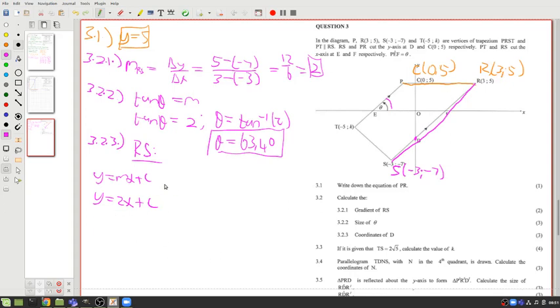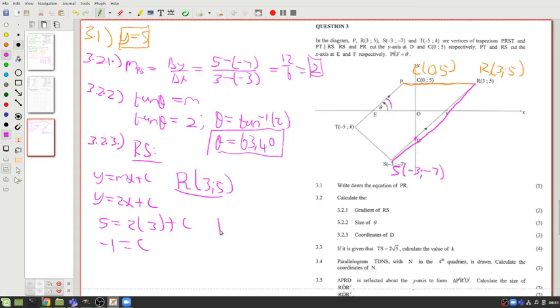R is the point (3, 5). So we'll sub that in, and we get 5 equals 2 times 3 plus c. This is 6, take it over, we get -1 equals c. Alright, so we know that's the y-intercept, so that'll be part of D.